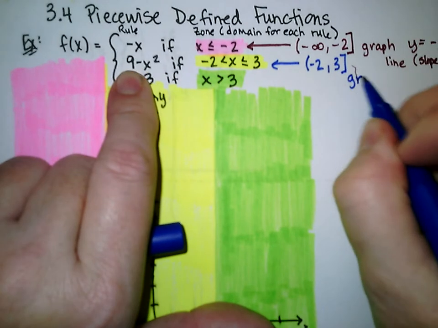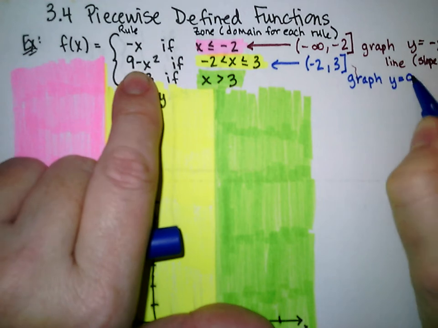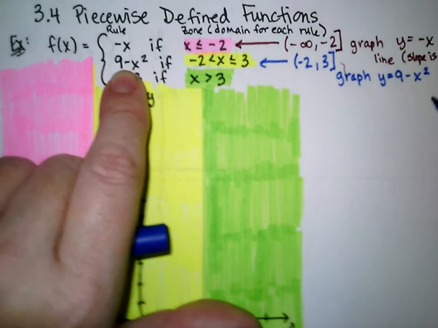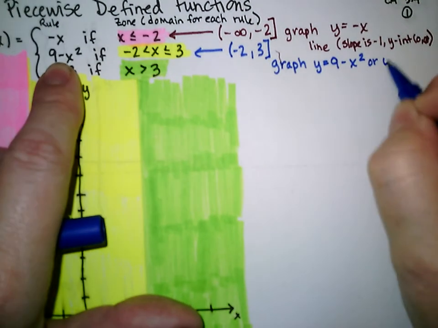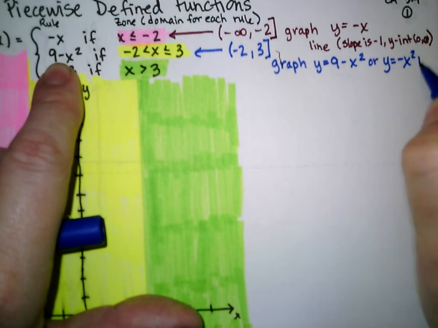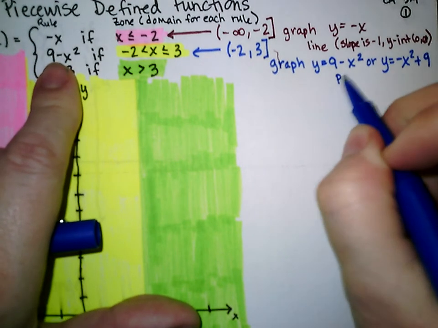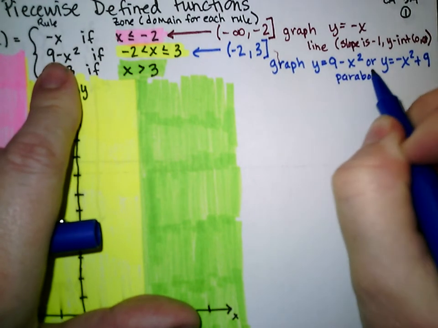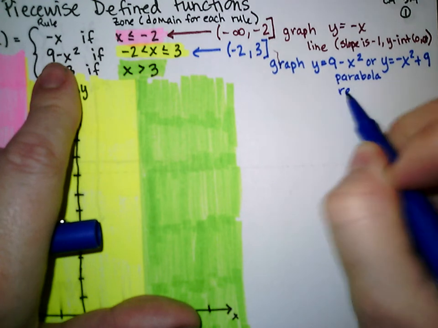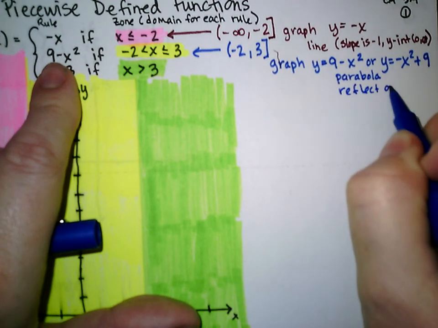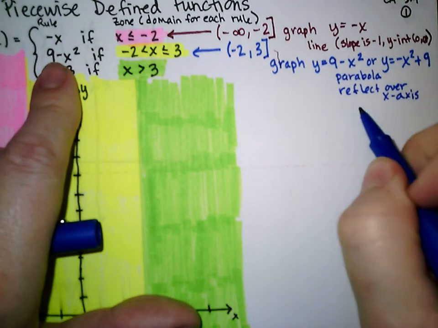So I'm going to graph y equals 9 minus x squared, which is the same thing as -x squared plus 9. So that is actually a parabola from our parent functions with a reflection over the x-axis and a shift up 9.